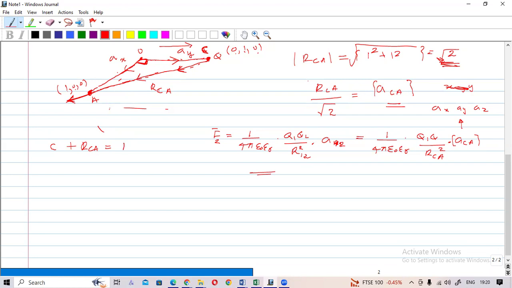This vector is A. I corrected right now. C plus RCA is equal to A. So RCA is equal to A minus C.